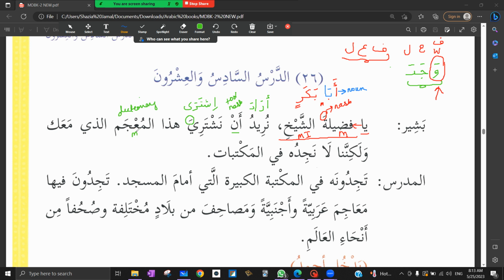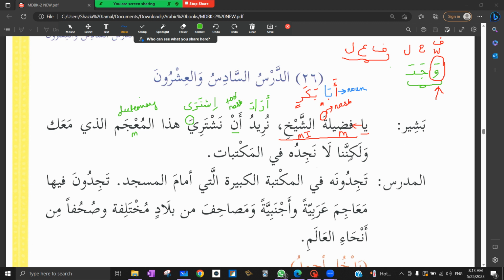Ma'ak, this dictionary that is with you. What I want to buy. What is the translation? Nuridu, or you can say we want, because this is known from nahnu. We want to buy this dictionary that is with you.